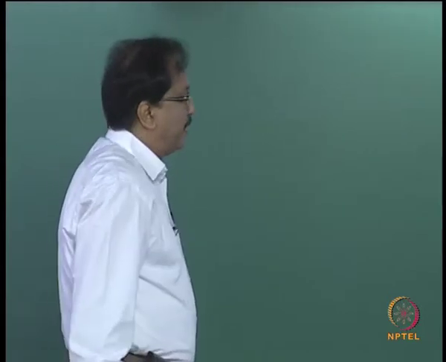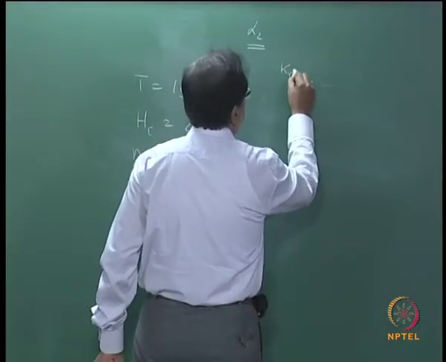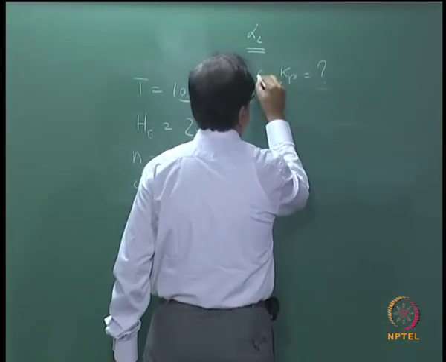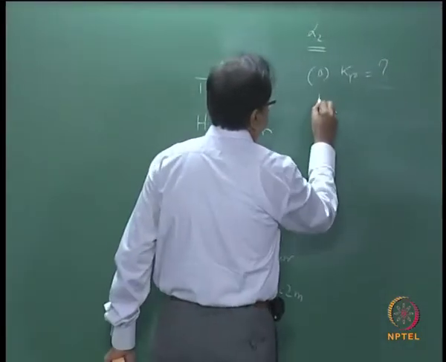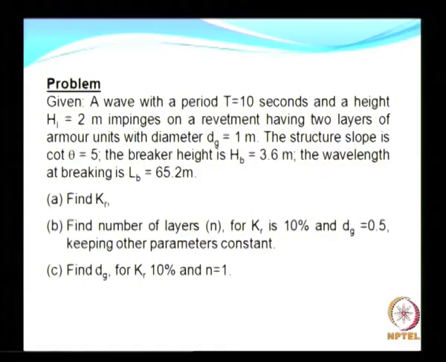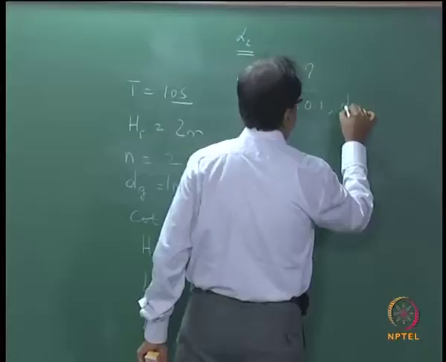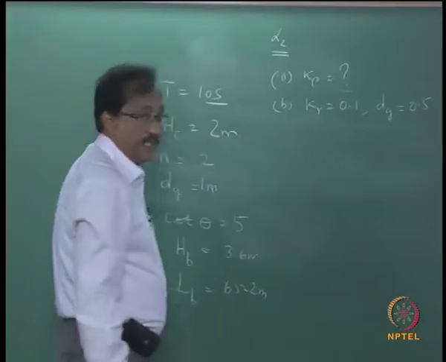What are you expected to find out? You are expected to find out Kr. That is the first problem. The second problem is, Kr is 0.1 or 10%, and dg is now 0.5, changed from 1.